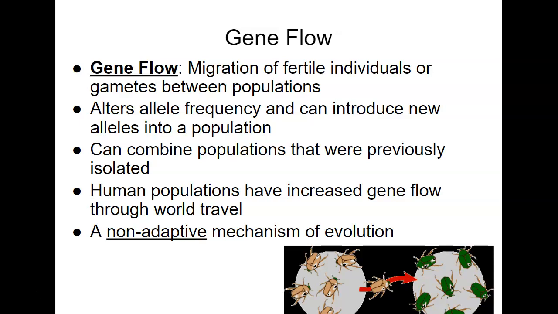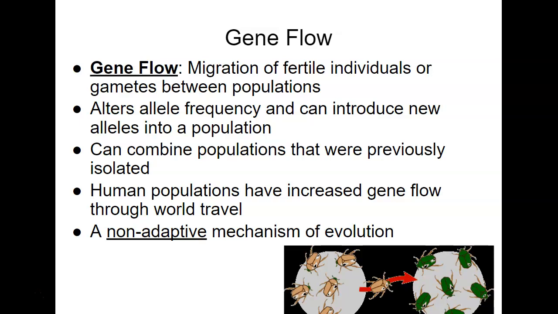Gene flow is just from one population to another. So if Americans went over to England, for example, that could be gene flow. Or when our ancestors colonized America, that would be gene flow, so to speak.